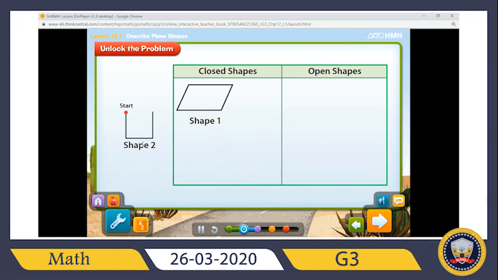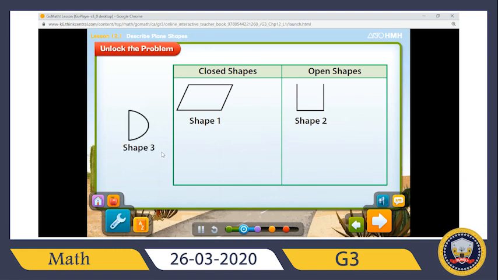What about shape 2? It starts from this point. Let's start from here. How can I check if it's a closed or open shape? I need to track the line segments: 1, 2, and 3. So the start and end points are different. If they are different, in this situation, shape 2 will be an open shape. Good. What about the next shape?